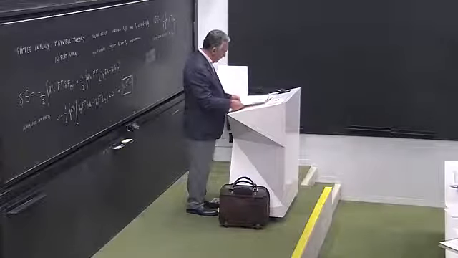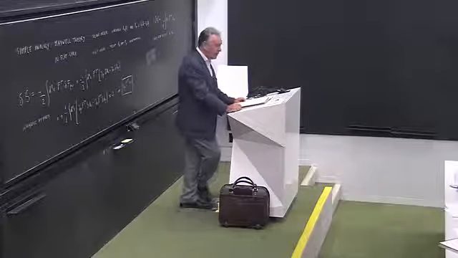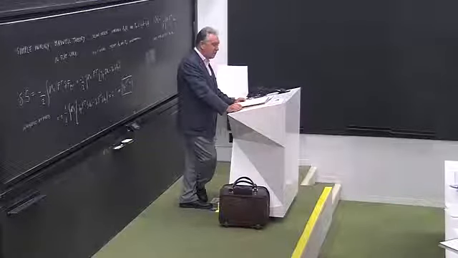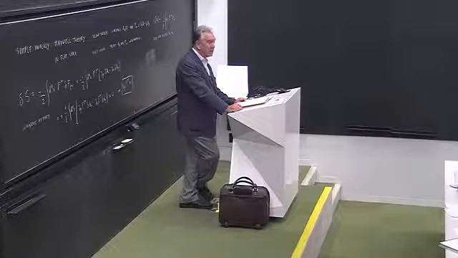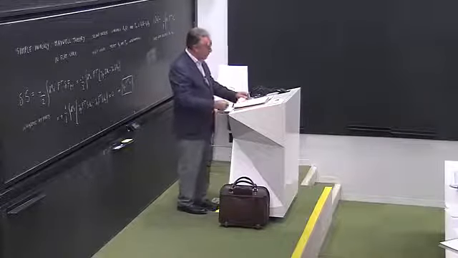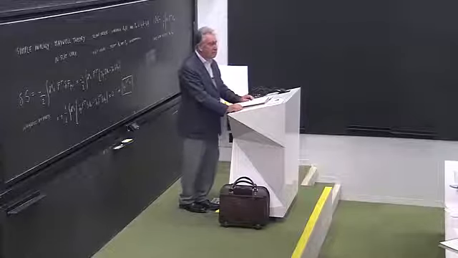Let me anticipate a little bit. Our recipe for going from flat space to curved space was to replace eta mu nu by G mu nu and replace ordinary derivatives by covariant derivatives. And covariant derivatives involve gamma. So you might say, well, of course, gamma couples to matter.